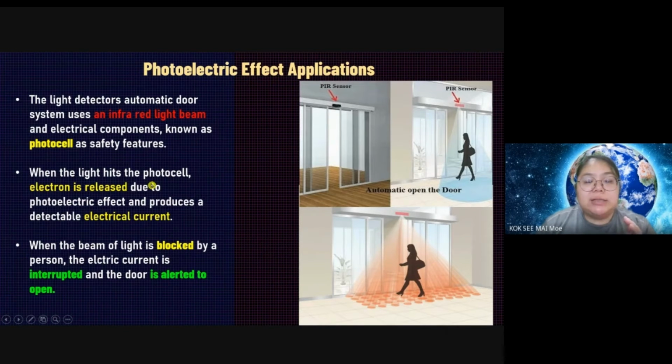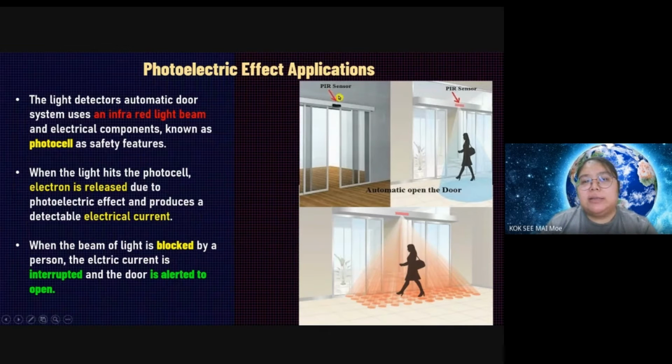When the light hits the photocell, electrons are released due to the photoelectric effect and produce a detector electric current. Importantly, they must have the current. The current depends on the light shining onto the photocell. After that, it produces electrons, then there is current.